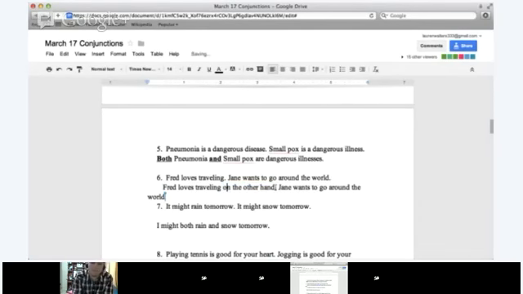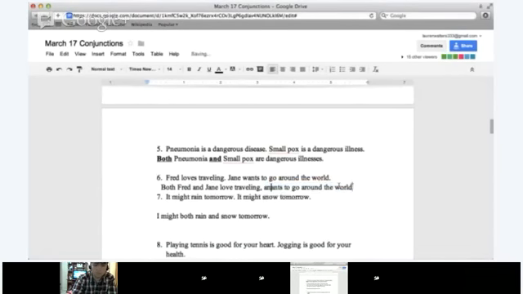The thing is, it's not on the other hand, because if Fred loves traveling and Jane wants to go around the world, they're both the same. So you would link them together: both Fred and Jane love traveling and want to go around the world.